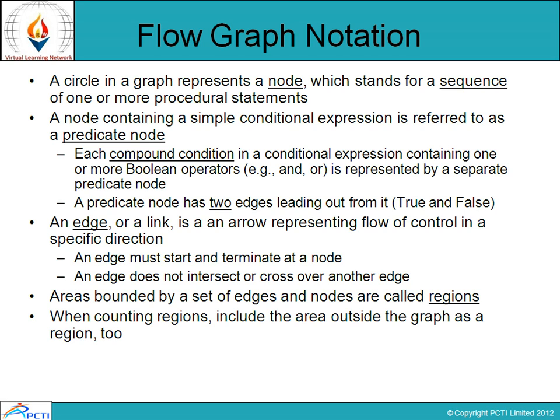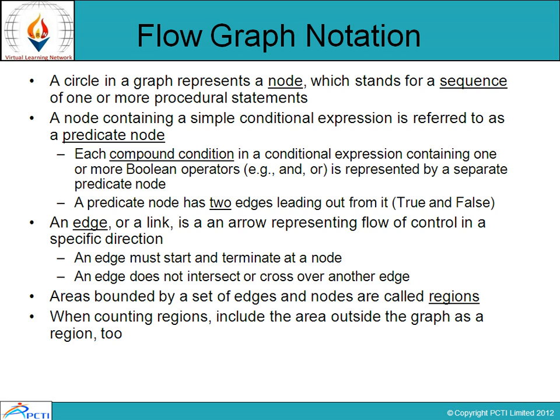They use a circle to represent a node, which stands for a sequence of one or more procedural statements, and a node containing a simple condition, that is an expression, is referred to as a predicate node. Each compound condition in a conditional expression containing one or more boolean operators is represented by a separate predicate node.